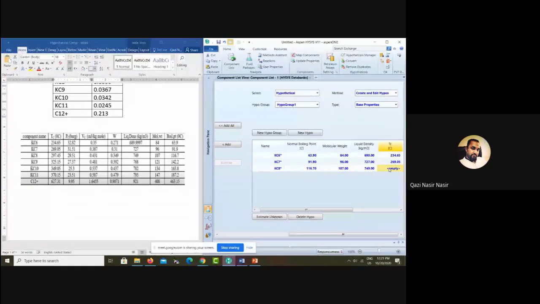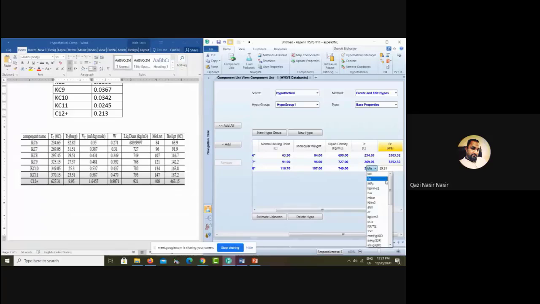Critical temperature is 297.45. Okay. The critical pressure is 29.51 bar G, which is this one.